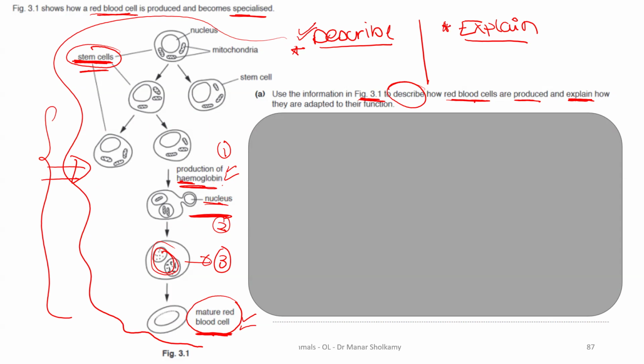Now explain. Explain means using your knowledge. You know a lot of information about stem cells and about red blood cells. What do you know about stem cells? Unspecialized cells. Unspecialized, undifferentiated. Very good. They divide by what? Mitosis. Very good. They divide by mitosis to give you what?